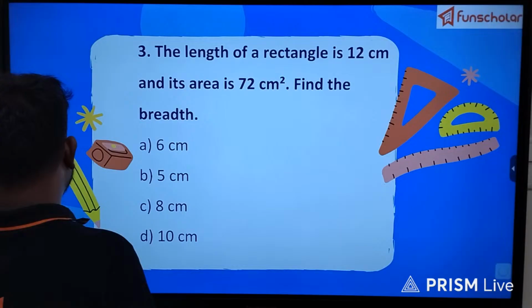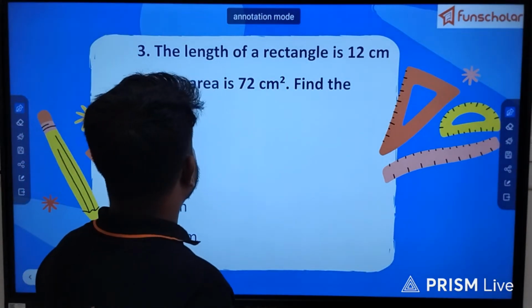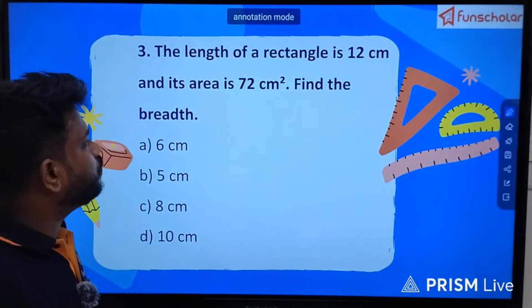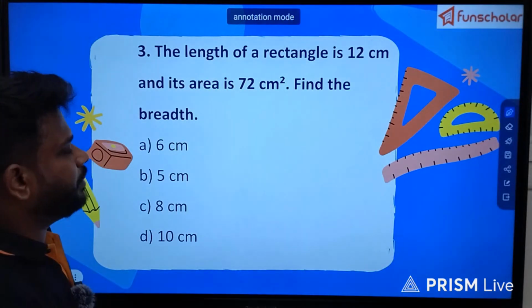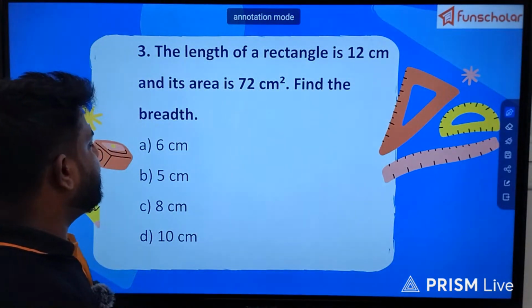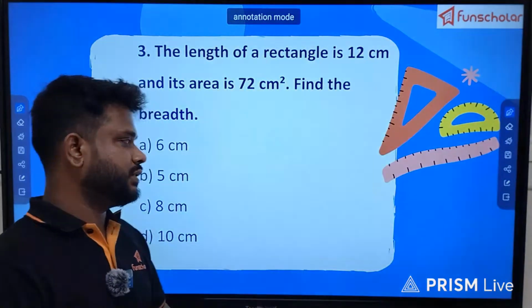The next one, the length of a rectangle is 12 centimeter and its area is 72 centimeter square. Find its breadth. Okay, so this one is harder compared to the previous ones.